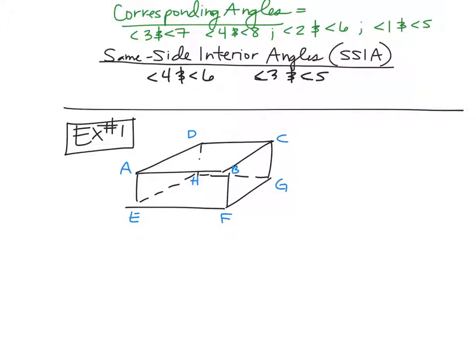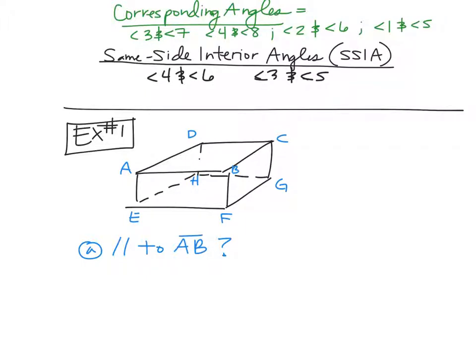Okay, so thinking through the different types of lines that we talked about, can you tell me segments that are parallel to AB?